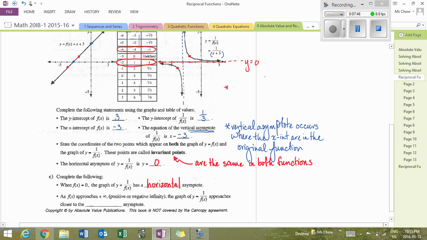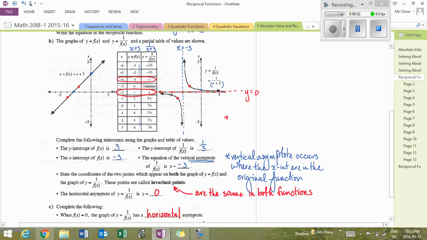As f of x approaches positive or negative infinity, the graph of y equals 1 over f of x approaches closer to the horizontal asymptote. Okay, and so why is that? If you think about it, as our y values are getting larger, think about 1 over f of x, as that denominator gets larger and larger and approaches infinity, then what happens to this value?